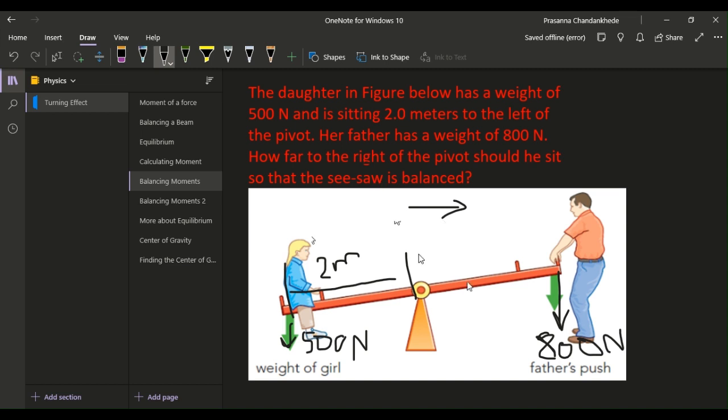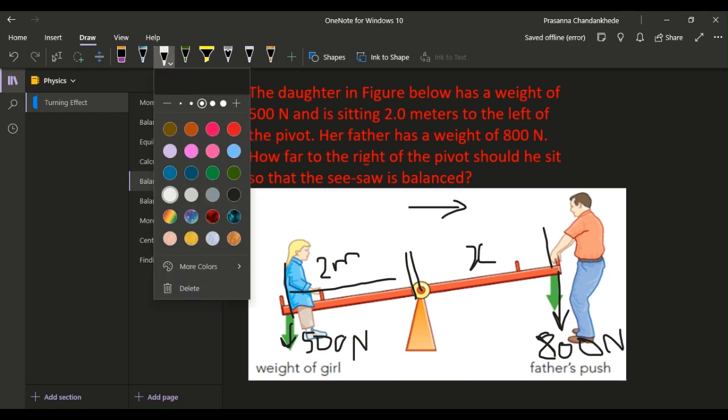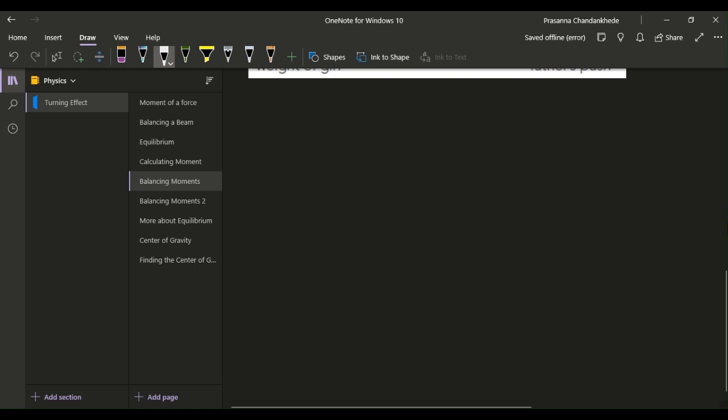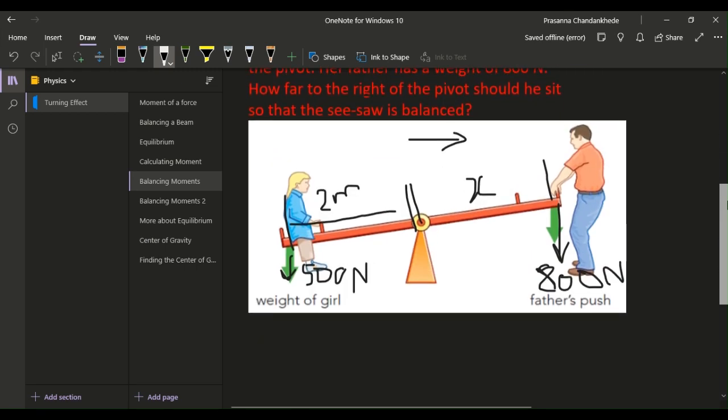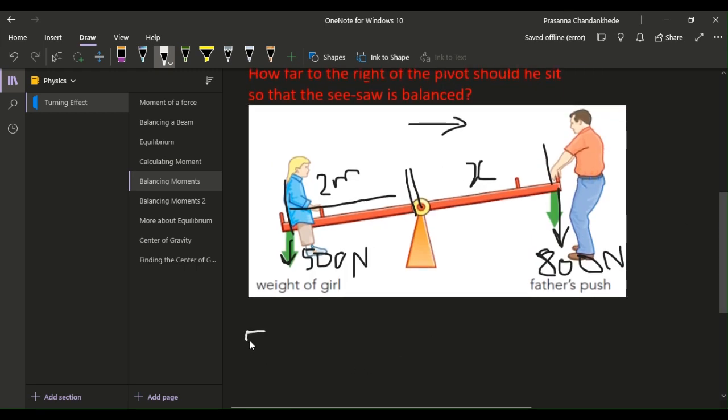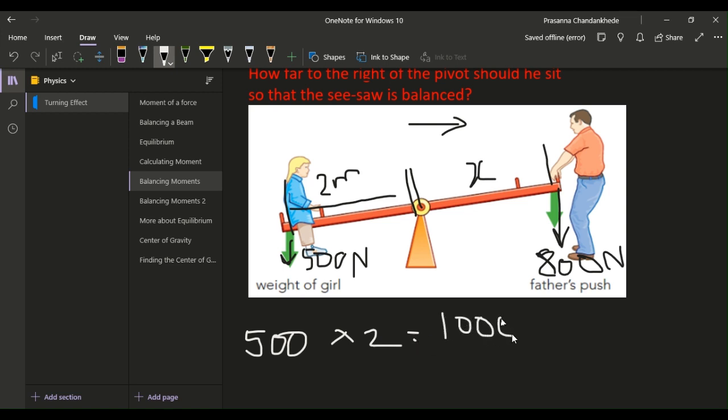Basically, the unknown distance from here to here is x, so we say it's x. Let me change this to white. So we do 500 times 2, which we all know should be 1000 Nm.